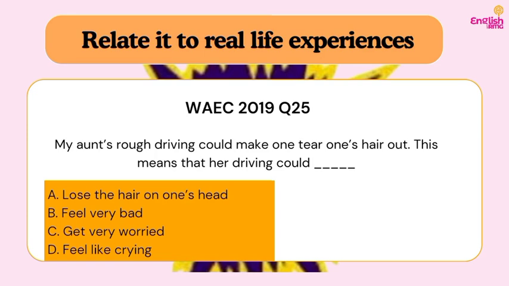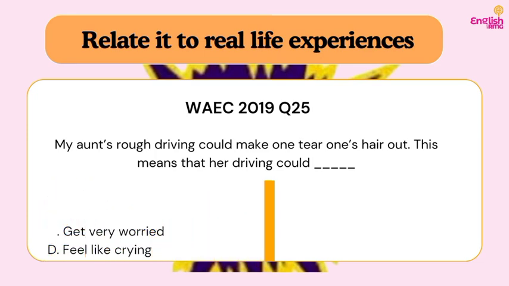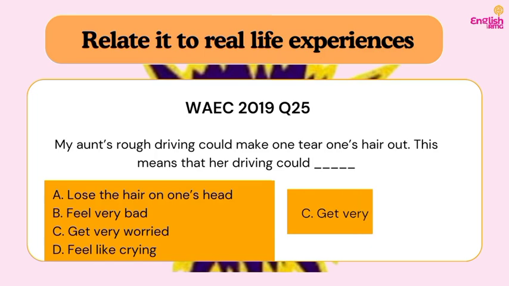B, feel very bad. Yes, you can feel bad about it, but that does not really encapsulate what you're going to feel in that moment. C, get very worried. Then D, feel like crying. You could feel like crying, you could feel very bad. But what you're actually going to feel in that moment is worry because you'll be concerned about your safety and probably our safety as well. Do you understand? So our answer is going to be what? C. Get very worried.